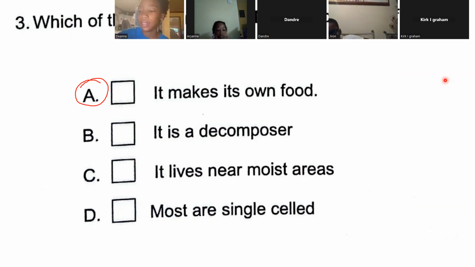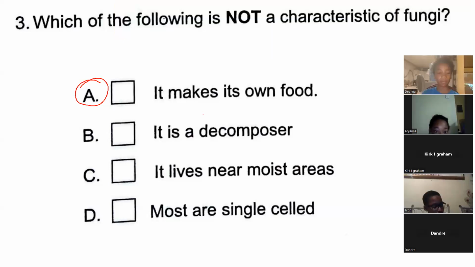Which of the following is not a characteristic of the fungi? A. It makes its own food. B. It is a decomposer. C. It lives near moist areas. D. Most are single celled.